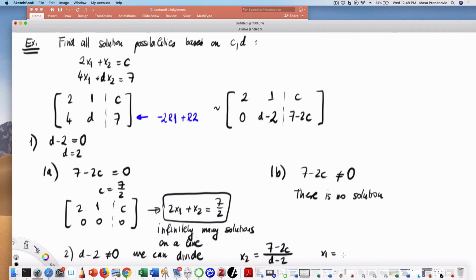And x1, from the first equation, is 1 over 2 times c minus 7 minus 2c over d minus 2. You can go find what that is. So an infinite number of solutions and no solutions are just fine. They exist. All right. Next time we're going to actually program Gaussian elimination.